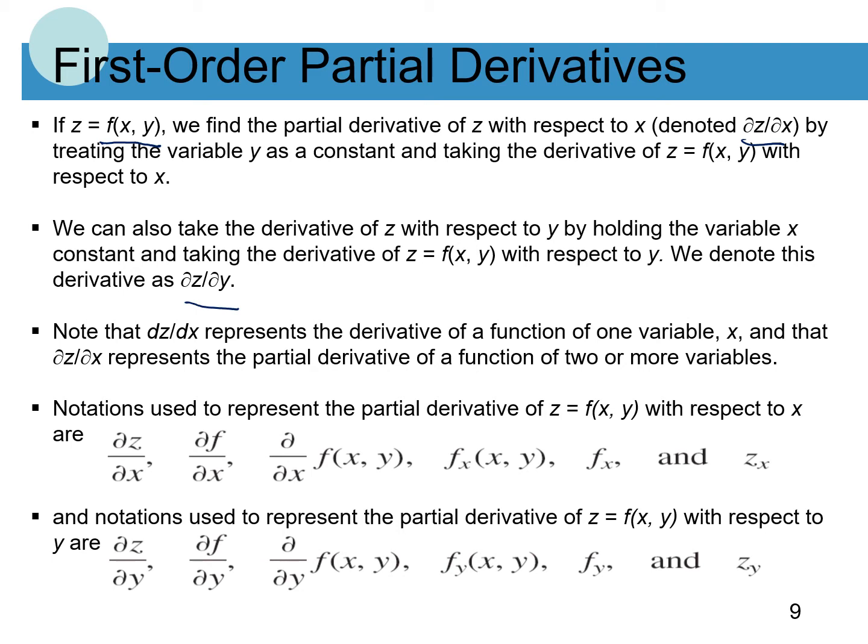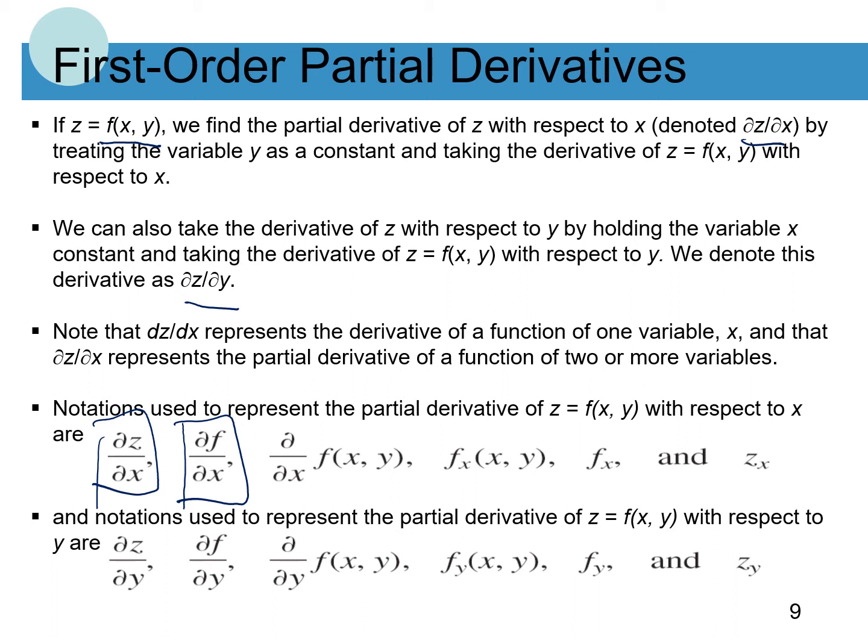The notations of the partial derivative can also be shown by these notations. If we differentiate the z function with respect to x, we can write it as dz over dx, df over dx, d over dx of f of x, y, or f sub x of x, y, or f sub x only, or z sub x only.